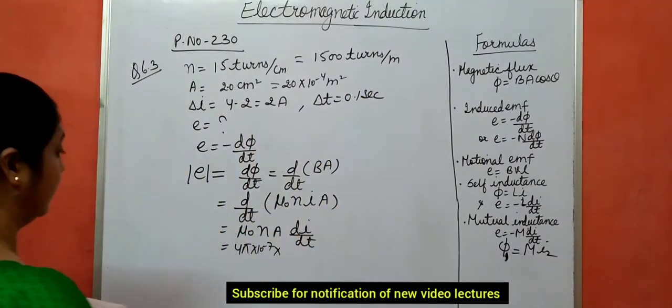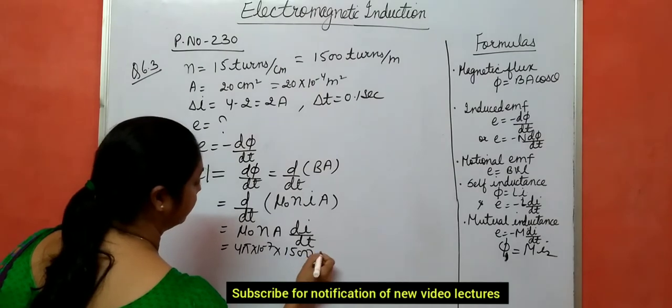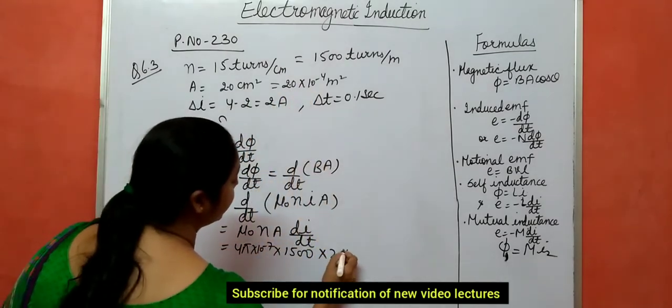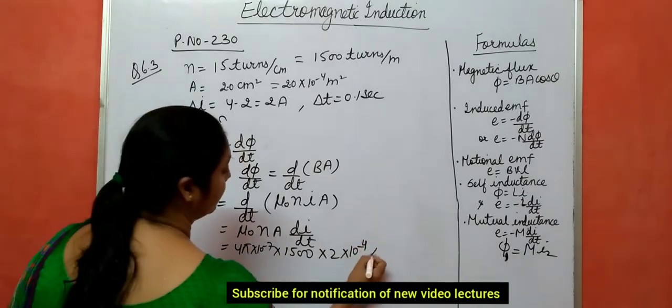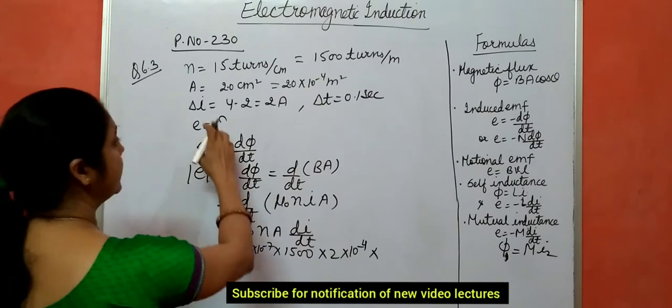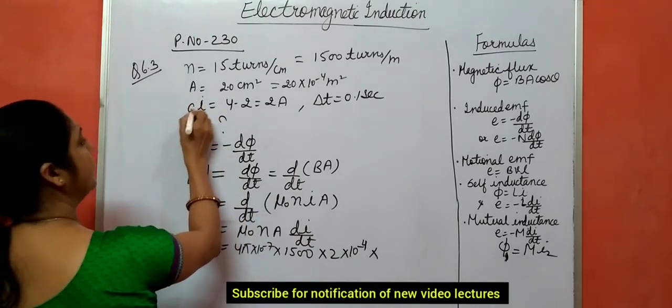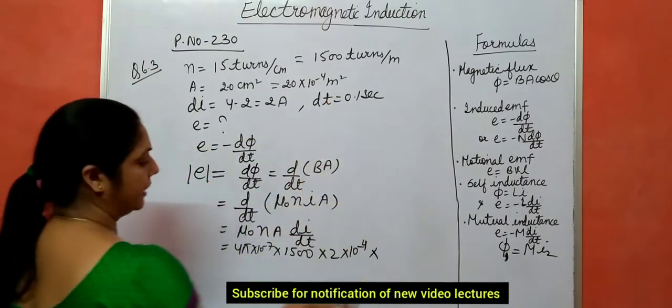So you put the number of turns, 1500, into area. Area is given as 2 into 10 to the power minus 4, and change of current. What is the value for change of current? You write delta I or simply write dI. Same thing here, delta t or change in time dt, anything you write.